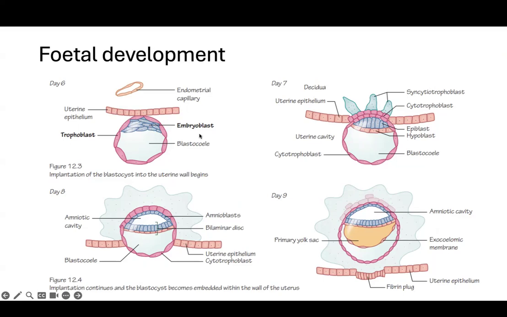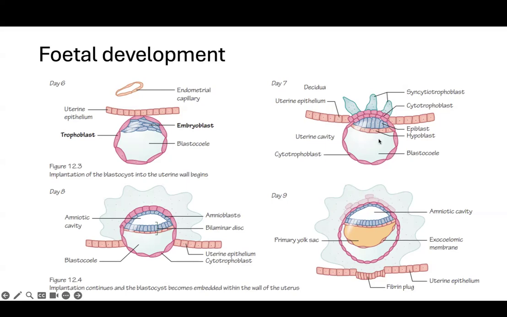Then you've got the embryoblast, which is the derivative from which the embryo itself is formed. This is in day 6, and you can see there's rapid progression and development from day 6 to 9. The syncytiotrophoblasts and cytotrophoblasts then help to form parts of the placental tissue, which is essential for maternal and fetal circulation, and will be covered in more depth in reproduction.